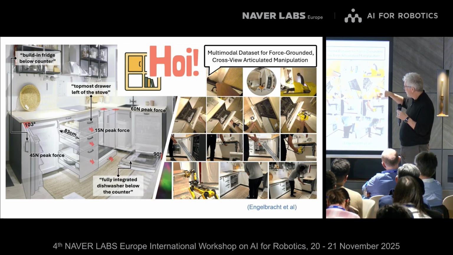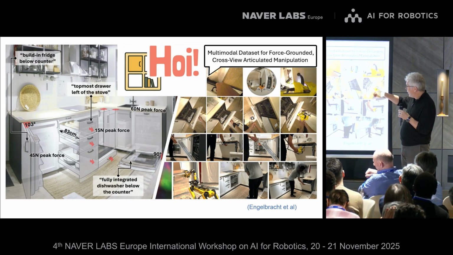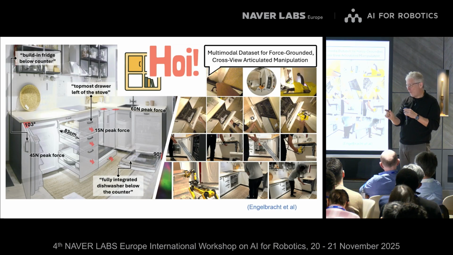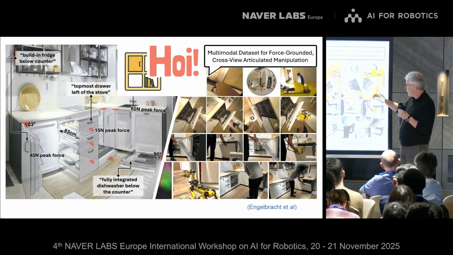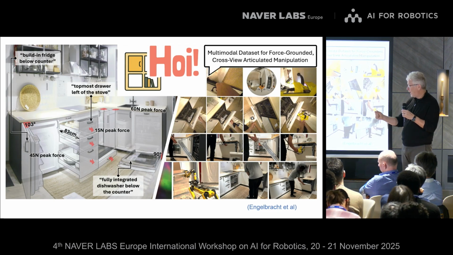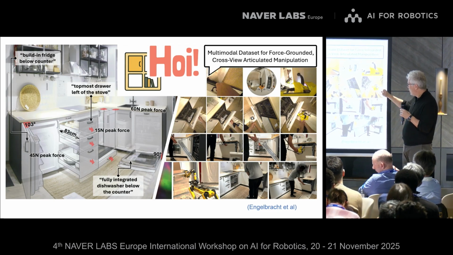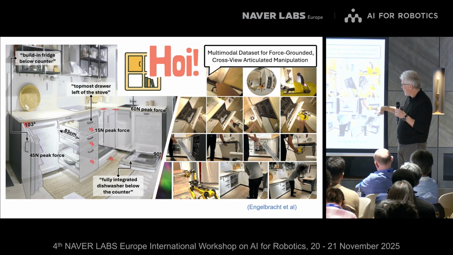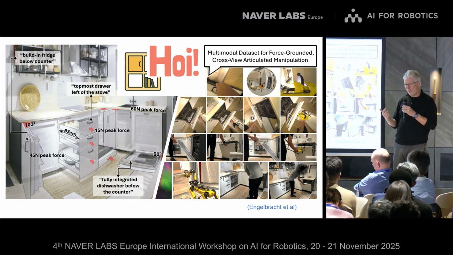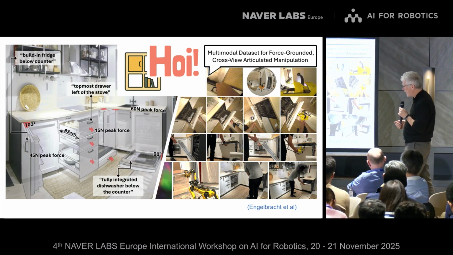There's an additional stereo camera mounted, a ZED camera. We actually have tactile sensing in the gripper, and we have a force torque plate that connects the handheld thing and the gripper, and the gripper is actually electrically activated. What you don't see, or kind of see here, is there are actually quite some cables, and the person has to wear a backpack for storing all the data that we collect here.